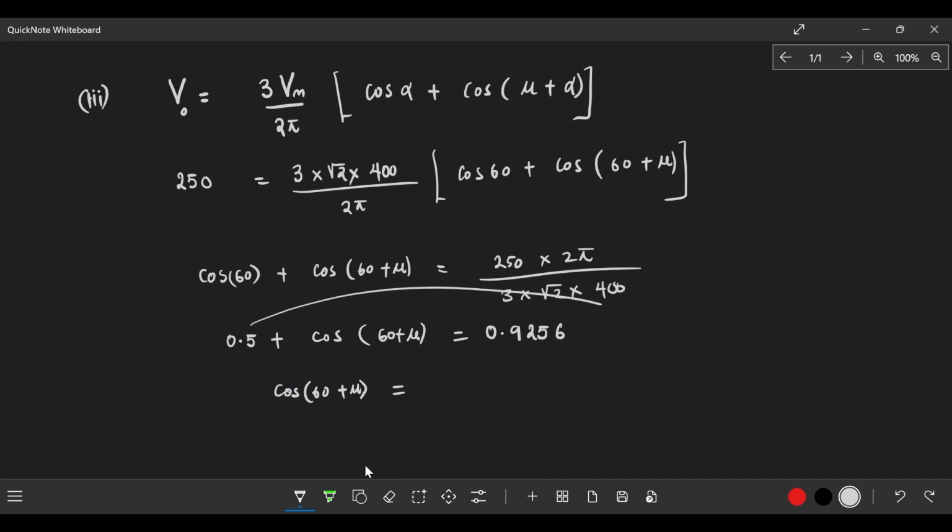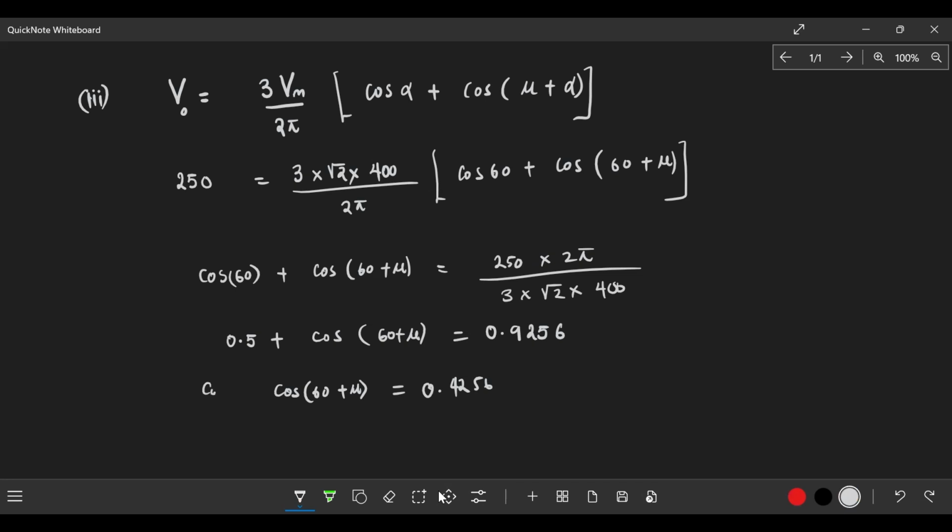If I take this 0.5 to this side of the equation, we have 0.925 minus 0.5, which is 0.4256, something like that. Then take the cosine inverse of both sides.